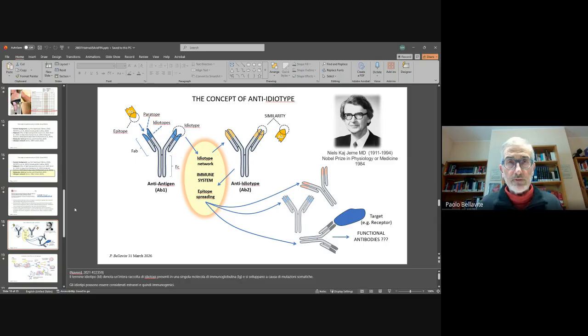This concept, developed by the Nobel Prize winner Niels Jerne at the end of the last century, is based on the idea that the idiotype, that is the region of the antibody that binds to the antigen, can be recognized by the immune system as a foreign protein, and consequently can trigger the formation of antibodies that are called anti-idiotype. Idiotypes can be considered foreign and immunogenic proteins.